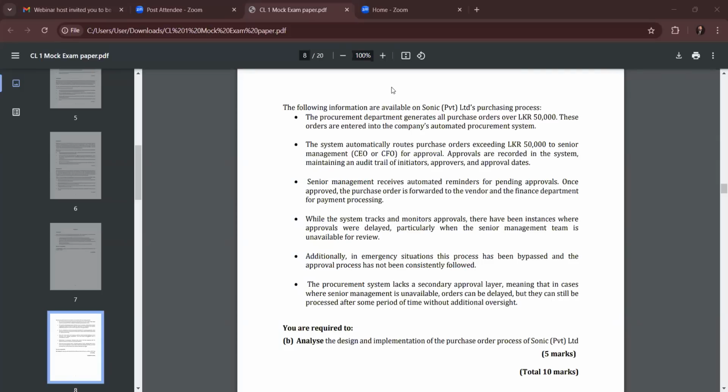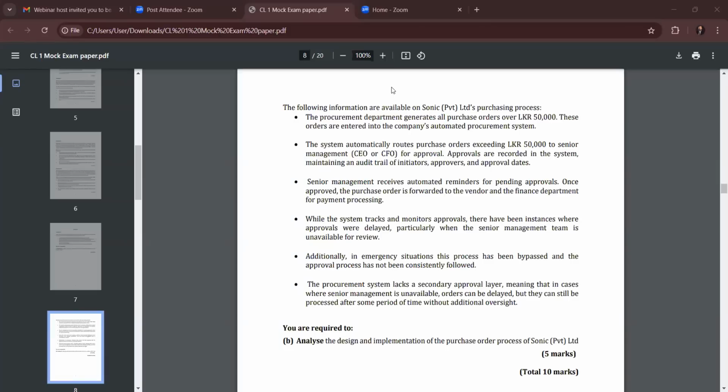Now we have to see whether there is any segregation of duties, physical controls, approvals, management controls, like limits in place. You know the reconciliations.